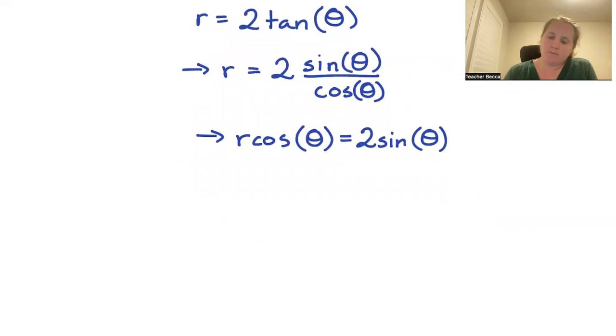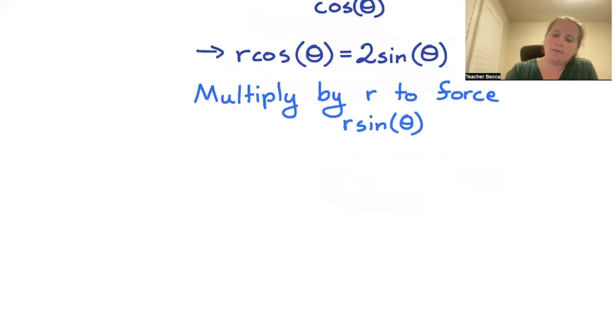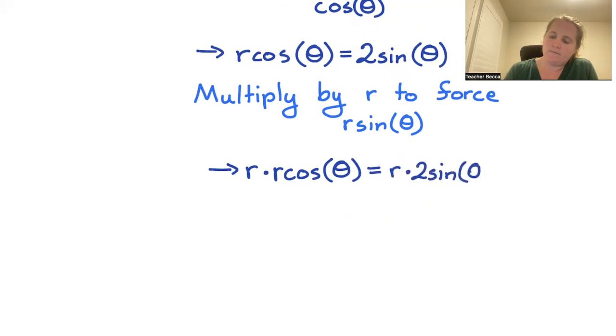From here, if we now multiply by r, to force r sine theta, this would become r times r cosine of theta is equal to r times 2 sine of theta, or r times r cosine of theta is equal to 2 times r sine of theta.